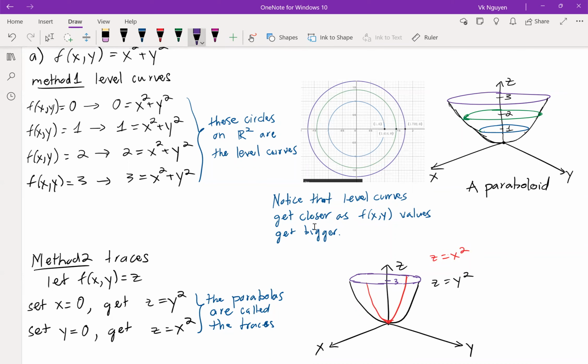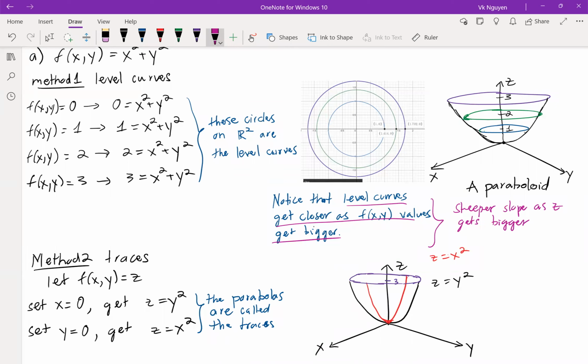That is very important that I want you guys to know. Right? Meaning that steeper slope, and then you can see that the trace is not going to be a straight line. The trace is going to be a curve.